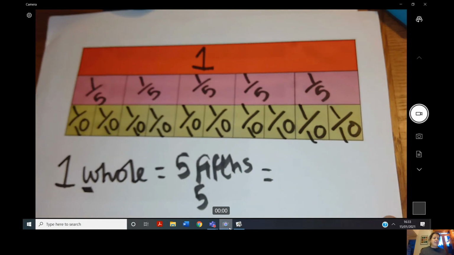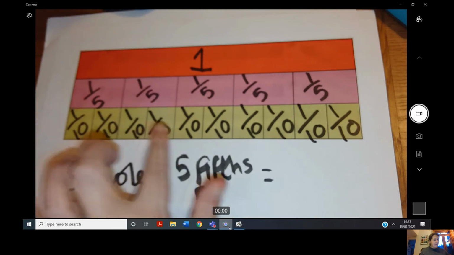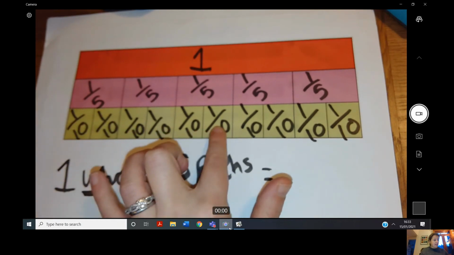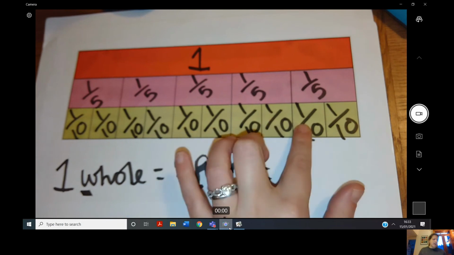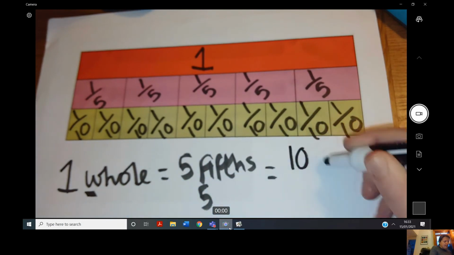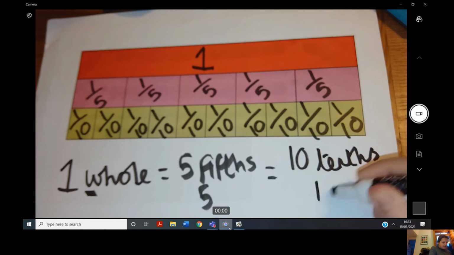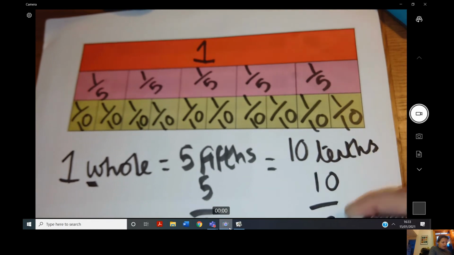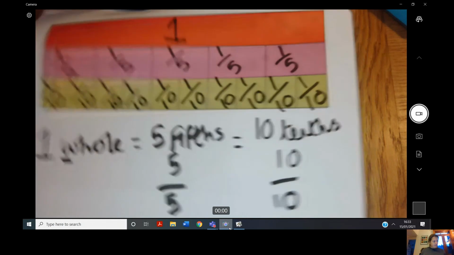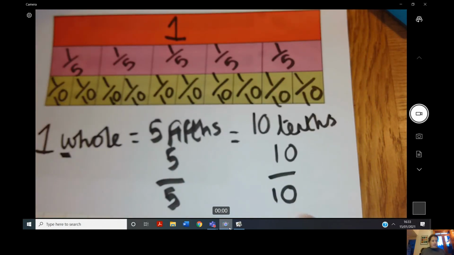My whole is divided into 10 equal pieces. 1/10, 2/10, 3/10, 4/10, 5/10, 6/10, 7/10, 8/10, 9/10, 10/10. 10 tenths. 10 parts of 10. That is complicated as that is.